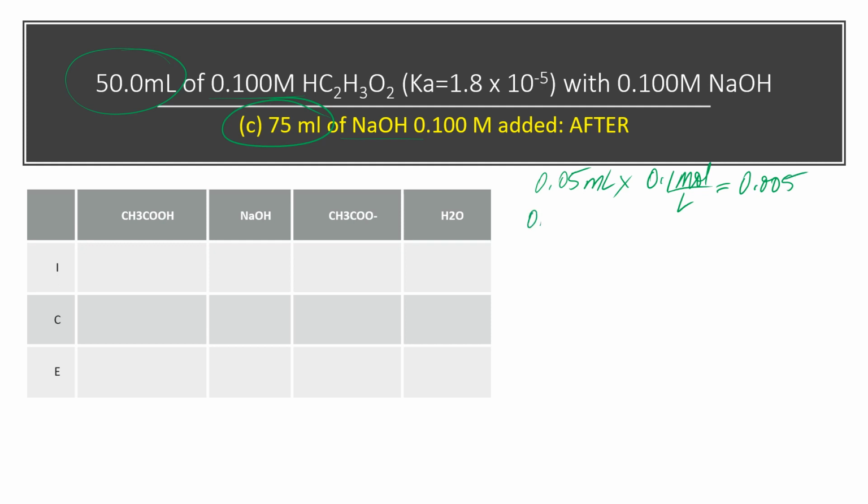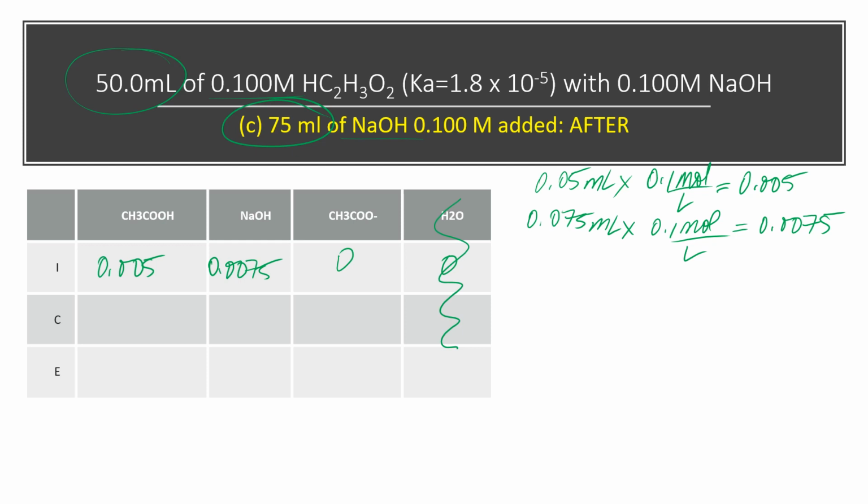And then we have 0.075 liters of our 0.1 mole per liter NaOH. So that's going to give us 0.0075 mole of NaOH. We're going to put these numbers in here, 0.005, 0.0075, 0 here, 0 here. Water is ignored again.